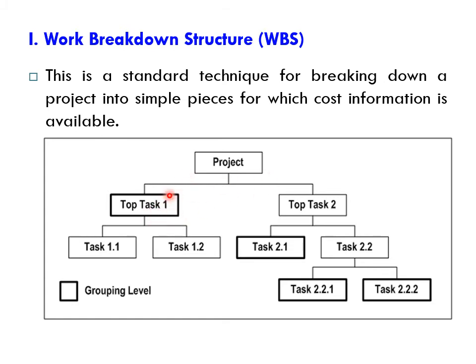Okay, and this numbering over here, 1, 1.1, 1.2, you can use different types of numbering. Usually in such a WBS, we have levels. So this one over here is sometimes called level 1, or sometimes it's called level 0. Okay, in your book, this is level 1, and then this is level 2 tasks, this is level 3 tasks, and this is level 4 tasks. And usually, depending on these levels, the tasks are numbered.